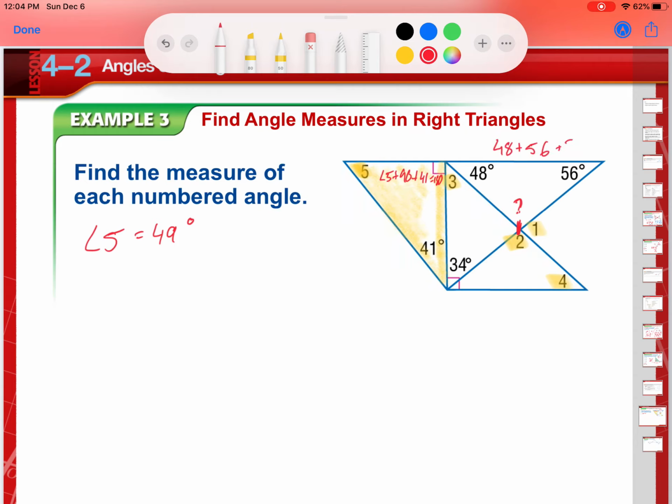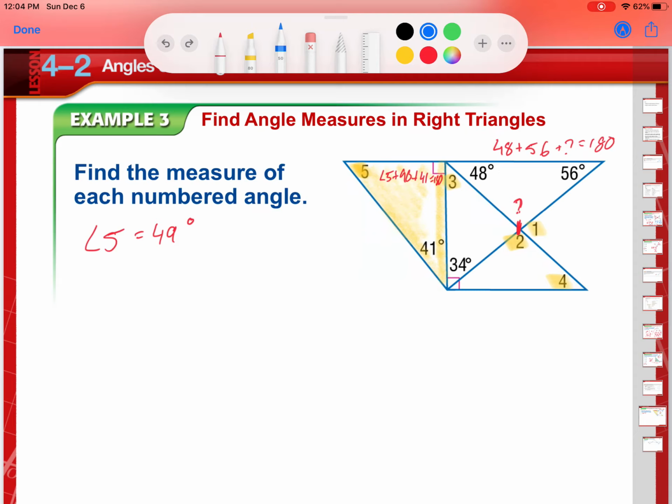Let's not do a 0, let's do a question mark. And I can see that 48 plus 56 plus question mark is going to equal 180 degrees, because we're dealing with this lovely little blue triangle here, and they're only missing this bottom angle.